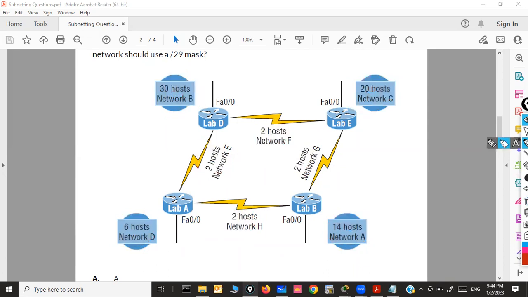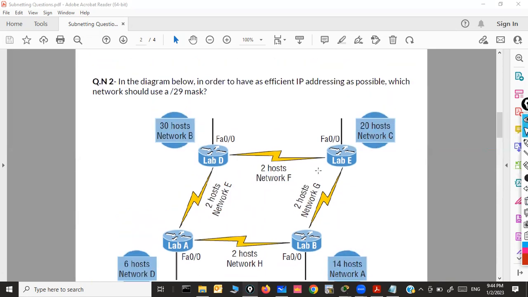It is already given in the question that you will be using mask /29, meaning 3 bits would remain for, of course, your host portion.